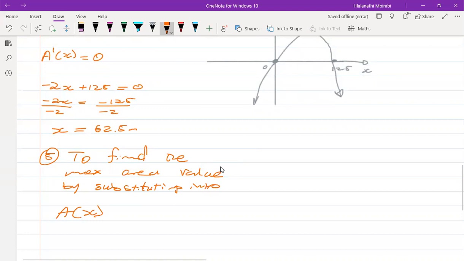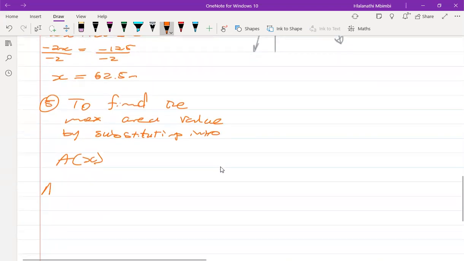So yeah. So your area equation was equal to what? Minus x squared plus 125x. So now you know that your maximum happens at 62.5, and you can then do that.